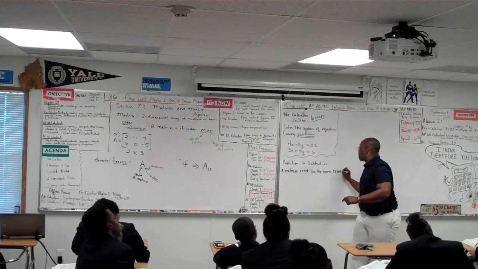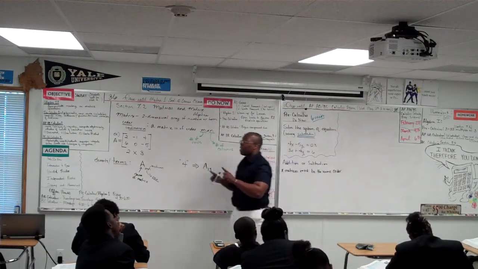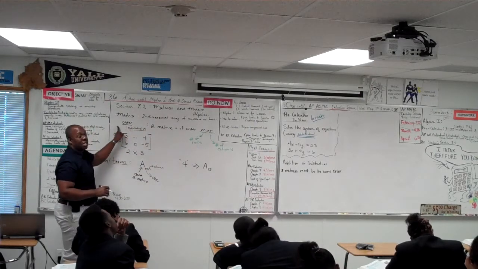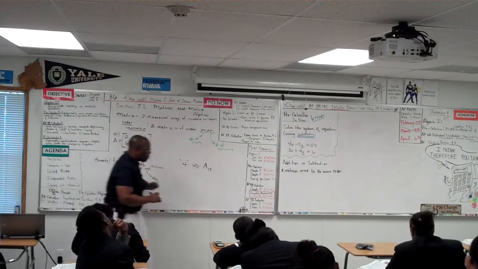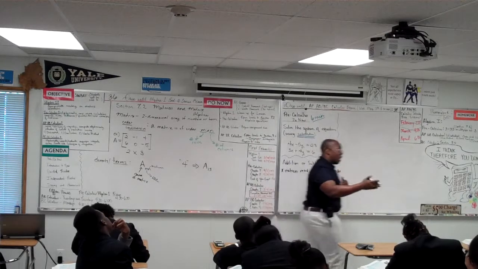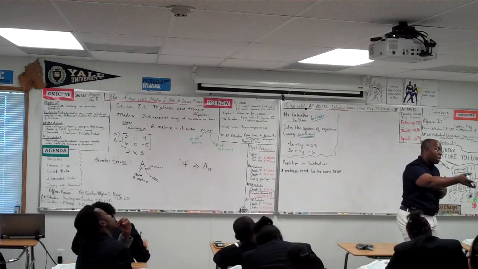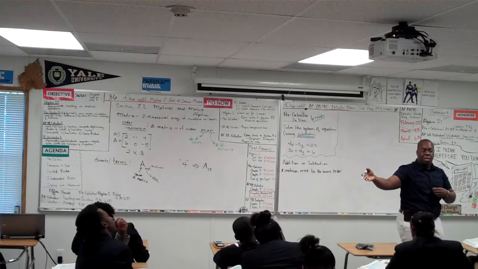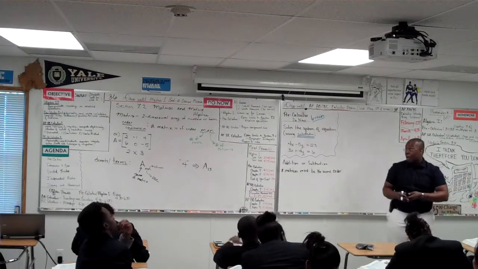If I'm going to add or subtract matrices, I can only do that if my matrices are of the exact same order. So I can only subtract a 2 by 3 matrix from another what? From another 2 by 3 matrix.